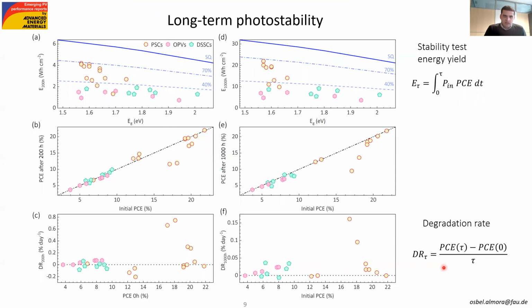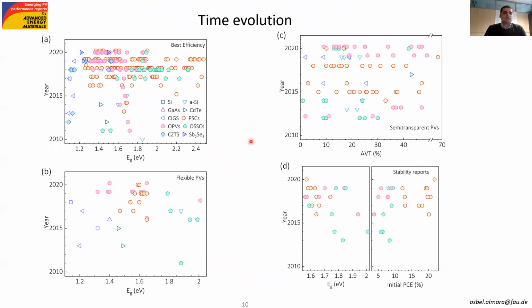With this, we arrive at the last set of plots that we provide in the first version of the emerging PV reports in Advanced Energy Materials, which is the time evolution of these reports. If you check here, you will find that there are some research areas in photovoltaics which are more recent.